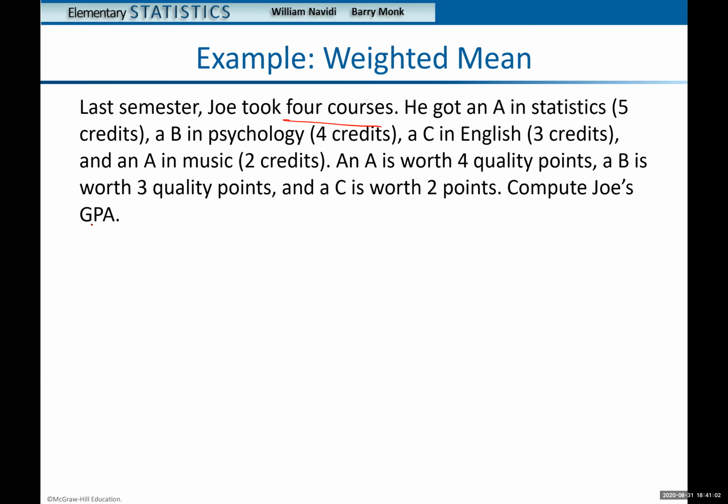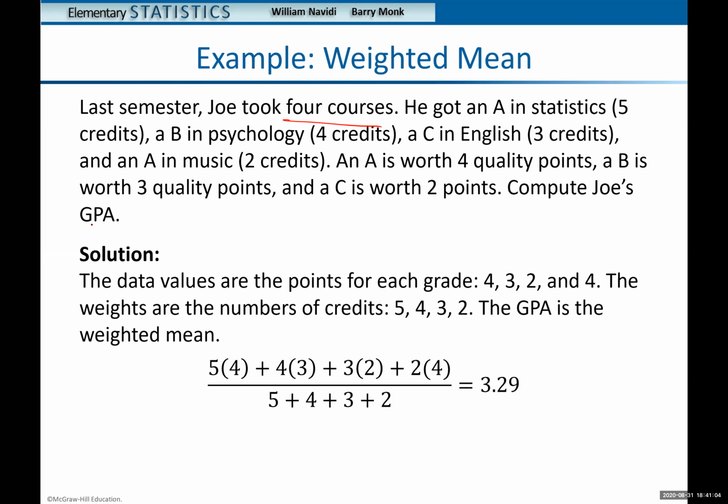So to do that, the data values are the points for each grade. So we have 4, 3, 2, and 4. The weights are the numbers of the credits.